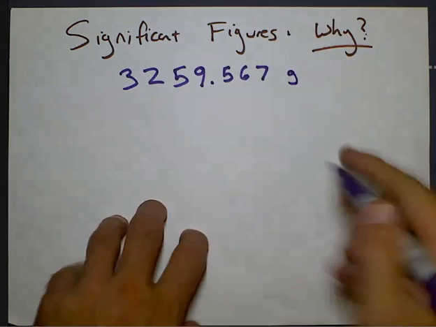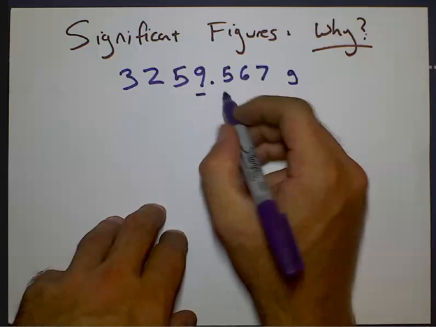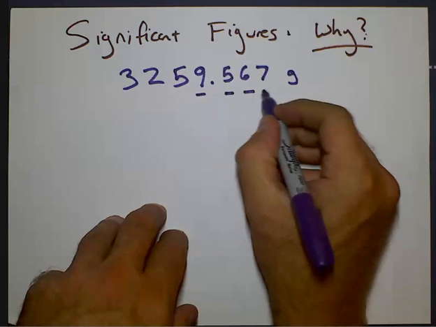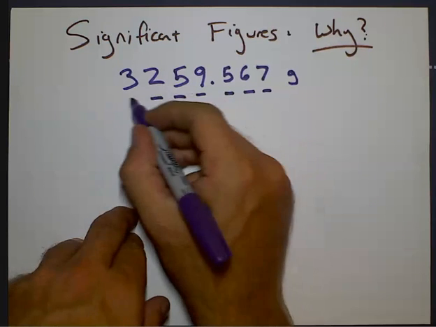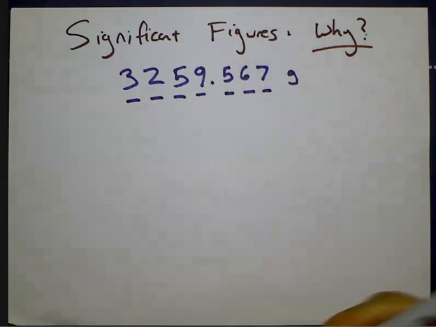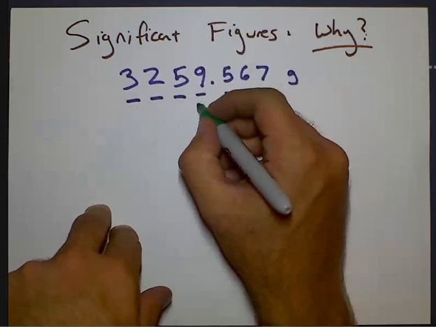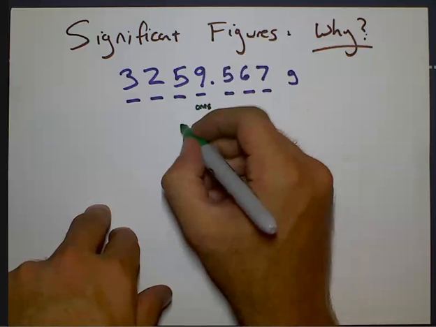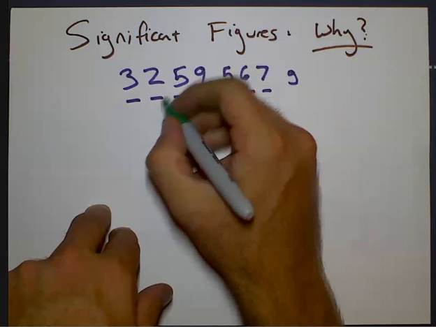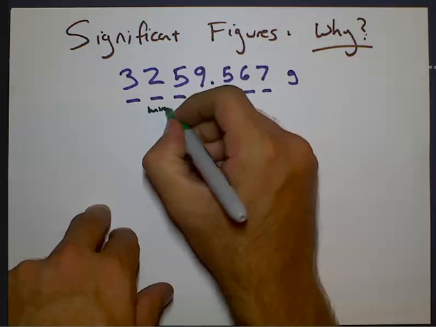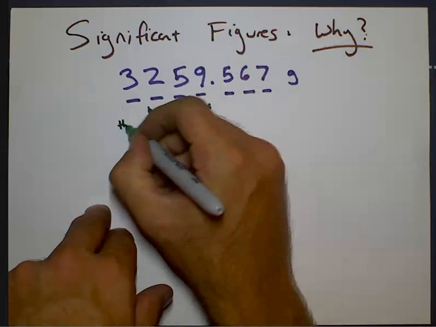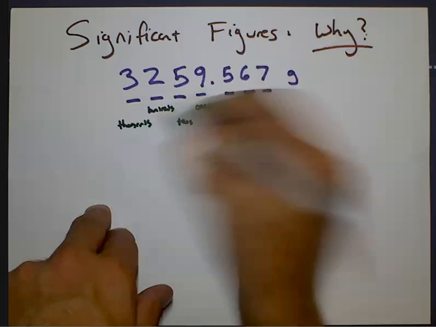Okay, so we've got your different place values here, and we can label all those if we like. You've got your ones, your tens, your hundreds, the thousands.